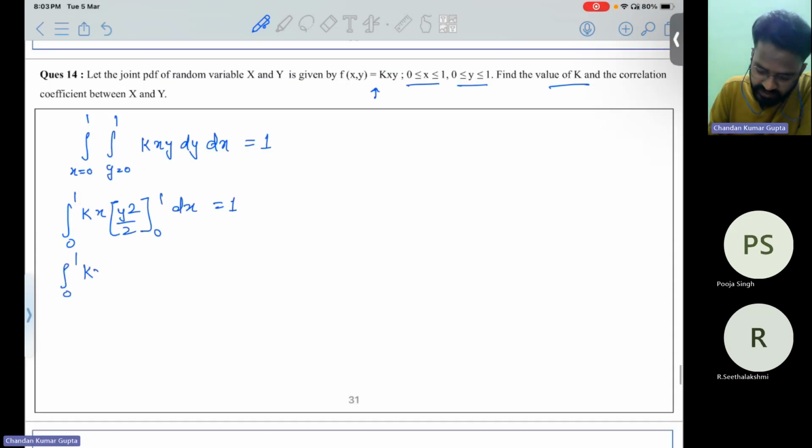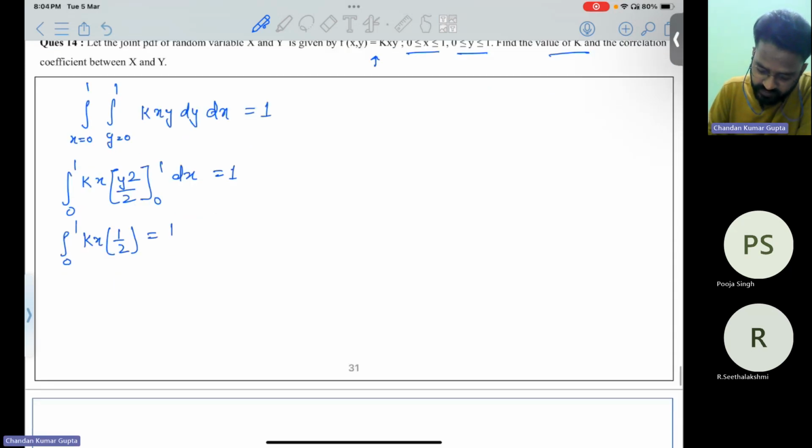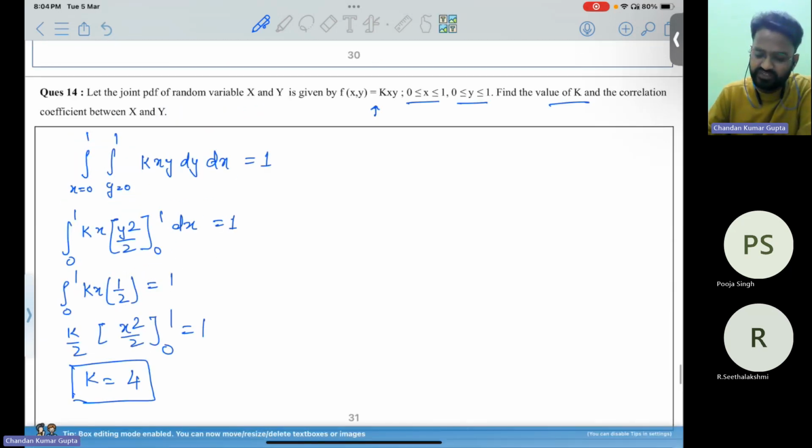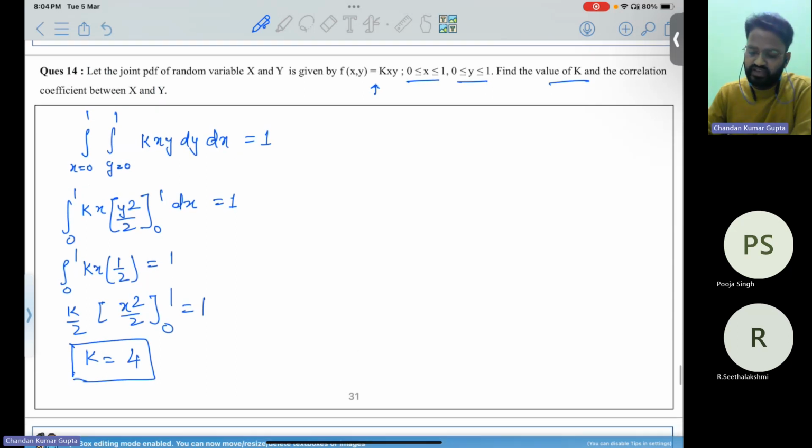This is 0 to 1, kx times 1 by 2 equal to 1. That means k by 2 times x square by 2, 0 to 1, equal to 1. From here, we will take k equal to 4. After solving this, you will get k equal to 4. Very simple. Okay, so we have k equal to 4.